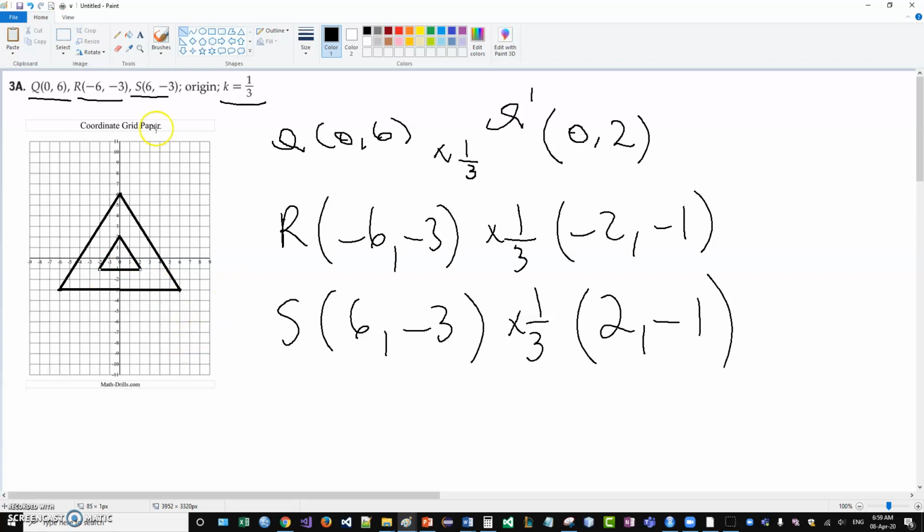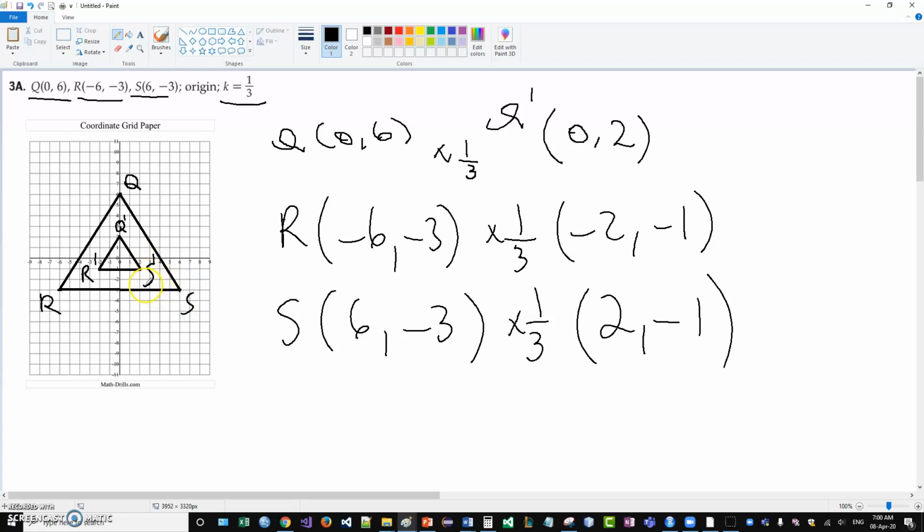All right, and there you have it. So if this was Q, this would be Q prime. This was R. This is R prime. This is S. S prime.